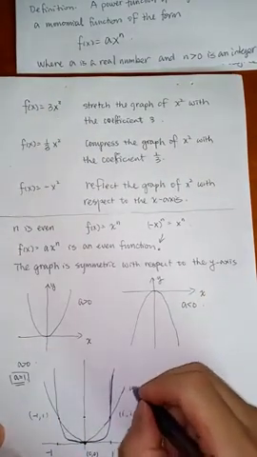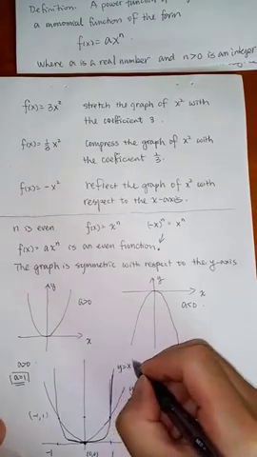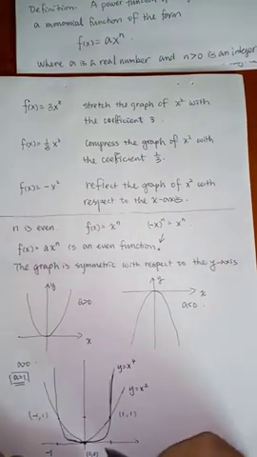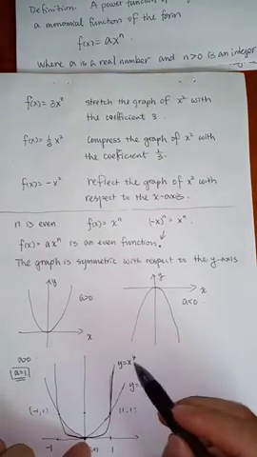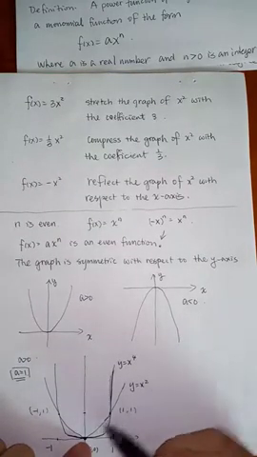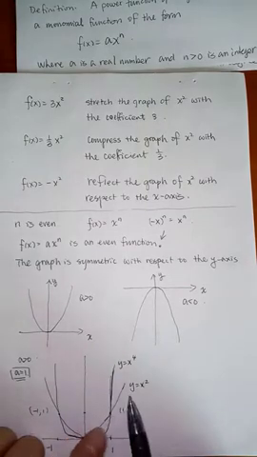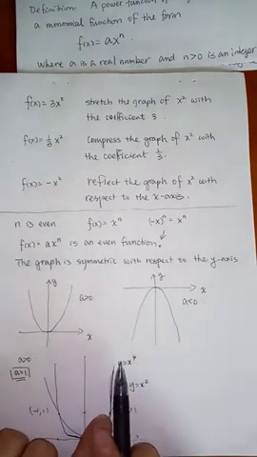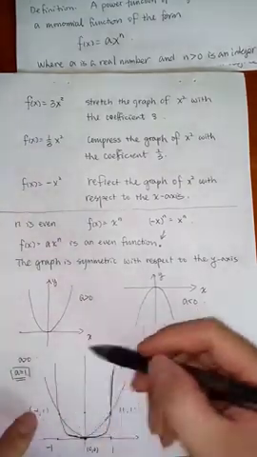Let's assume this is x squared, and this is x to the 4. The property is that when n is bigger, 4 is greater than 2, between 0 and 1, the graph is more flat. And after 1, the graph grows faster. Here it's the same thing because it's symmetric.